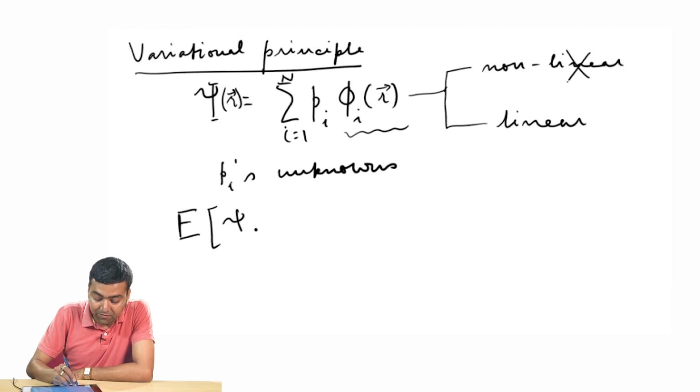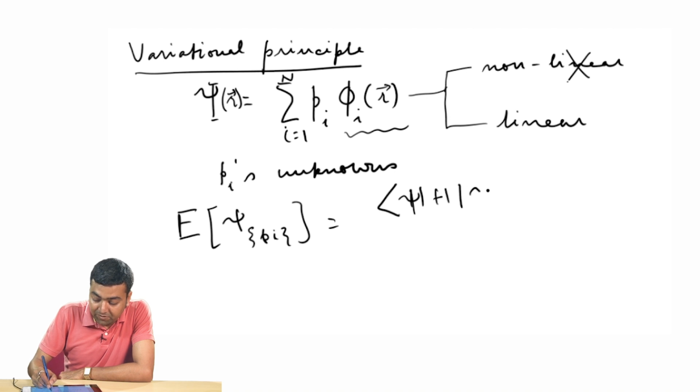I can write down my energy in this fashion: it is given by the expectation value of my Hamiltonian, with the normalization over psi.